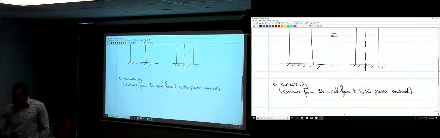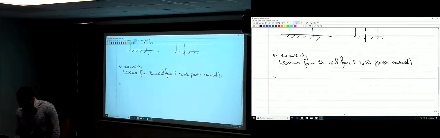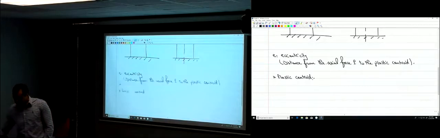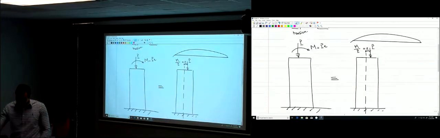So now, what's the plastic centroid? What do I mean by the plastic centroid? Over here, this P is acting at the plastic centroid.